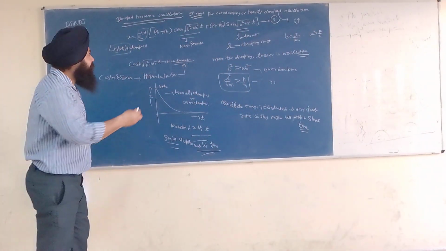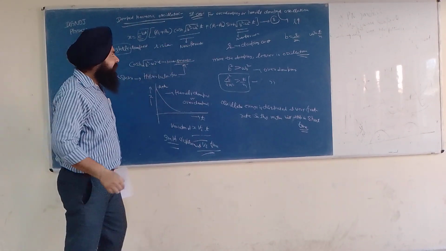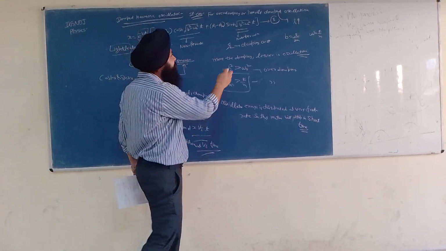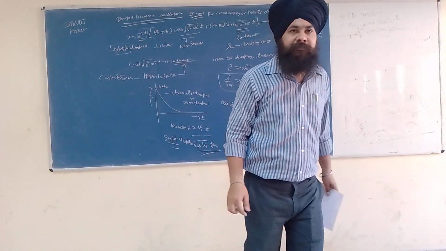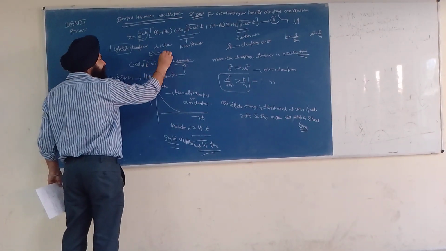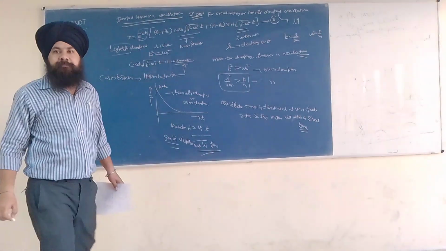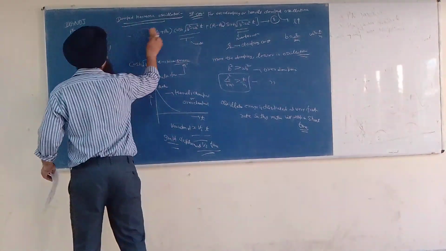R is less. When R is less, this factor must be less than omega naught square. Then the condition becomes B square is less than omega naught square. First of all, I will rub this.